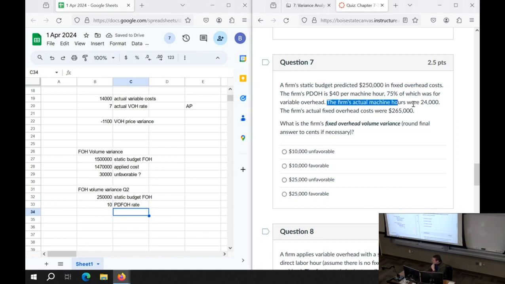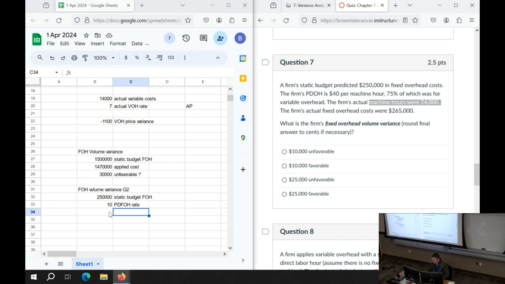And our actual cost driver consumption, which is machine hours, it says, was 24,000. So 24,000 actual quantity, meaning actual consumption of machine hours. So we can multiply that, and that should be the amount we applied.